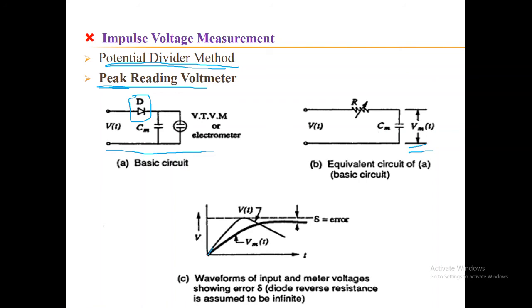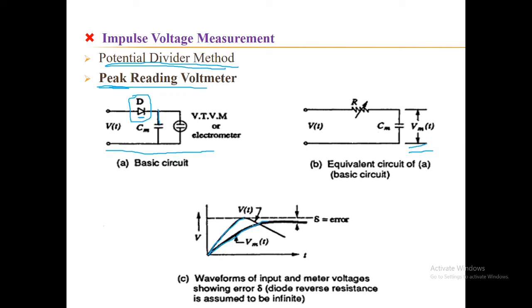Here you can see that during the front side of the impulse voltage, the voltage is increased to the peak magnitude. During this, as the voltage is increasing towards the peak magnitude, this diode D comes in a forward bias condition and acts as a closed switch. As a result, it will charge the capacitor. So here you can see that the capacitor is charging to the peak magnitude of voltage.